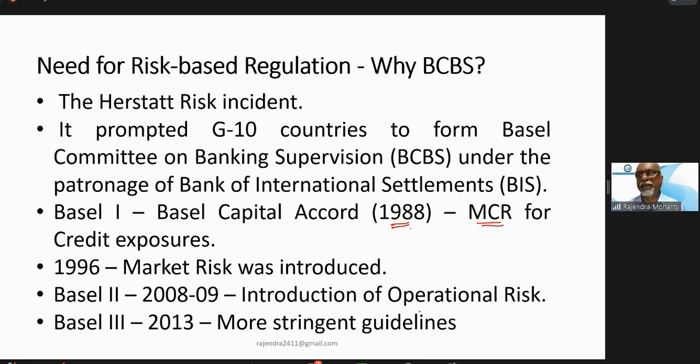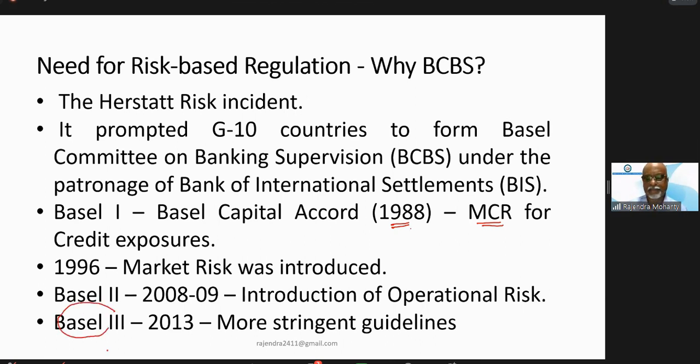Then finally Basel III has come in 2013, where all the three risks are there, but it has got more stringent guidelines for maintenance of capital. What type of capital do we maintain? How much do we maintain? So the rules are becoming tougher and tougher.